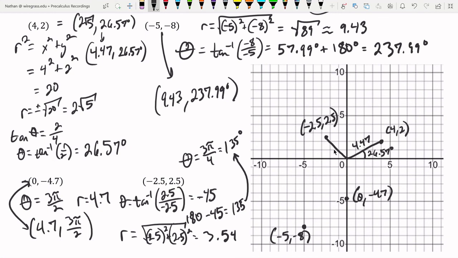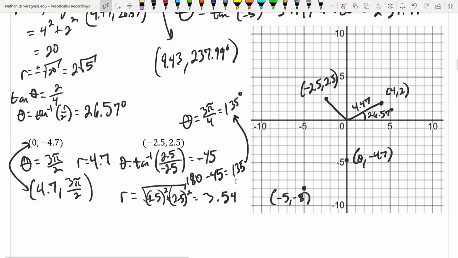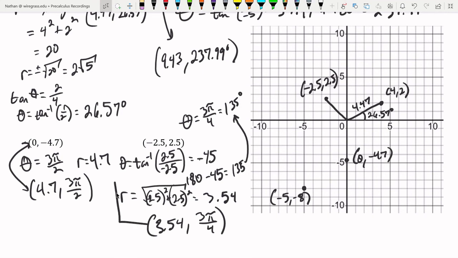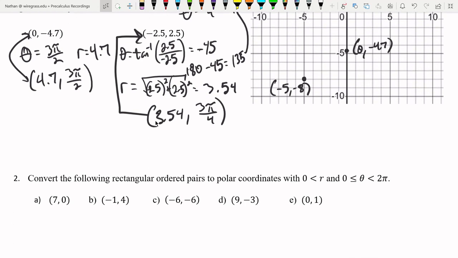So this length here is 3.54. Okay. That gives us the polar coordinates, 3.54, and then I'll do 3 pi over 4. This is the exact same thing as negative 2.5, 2.5. Give it a try in number 2.